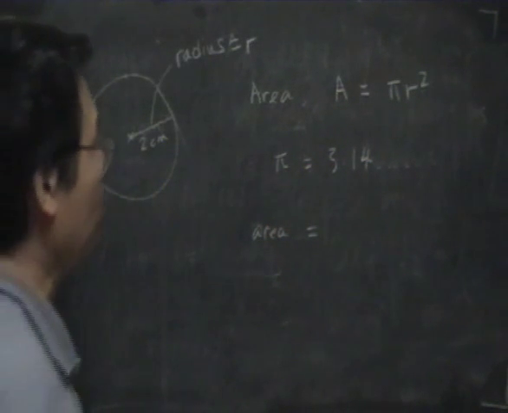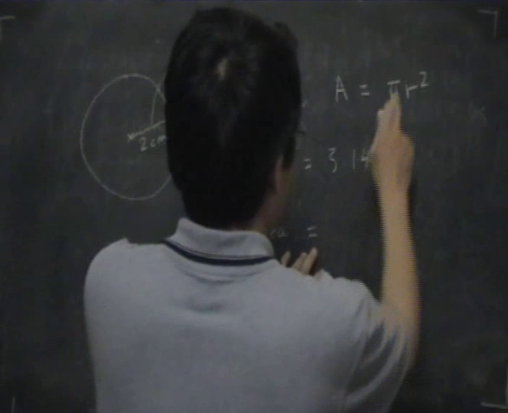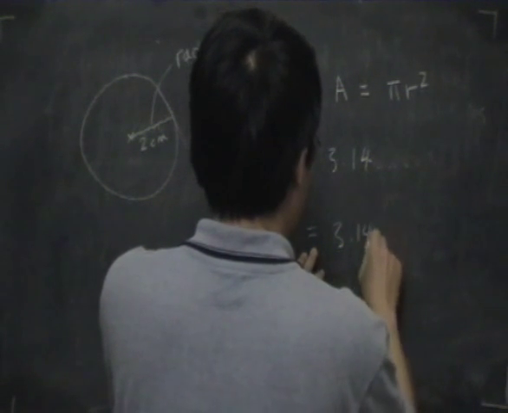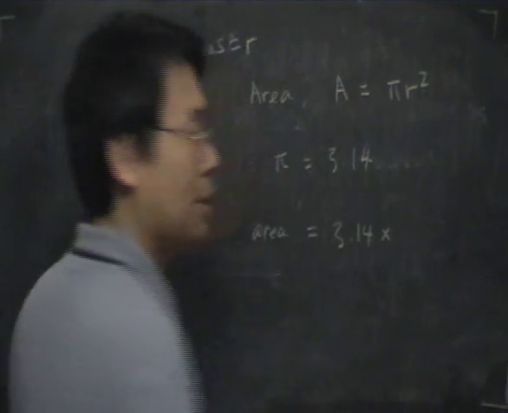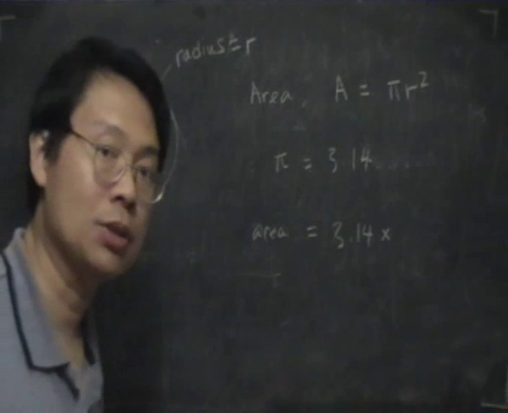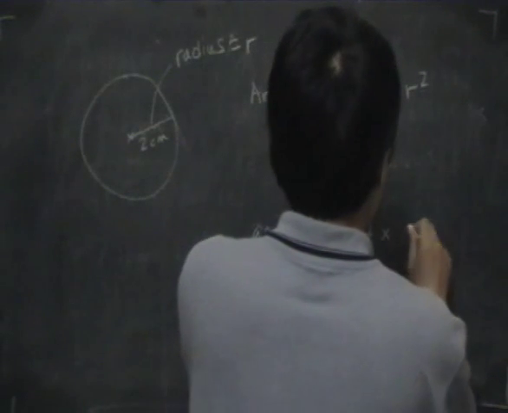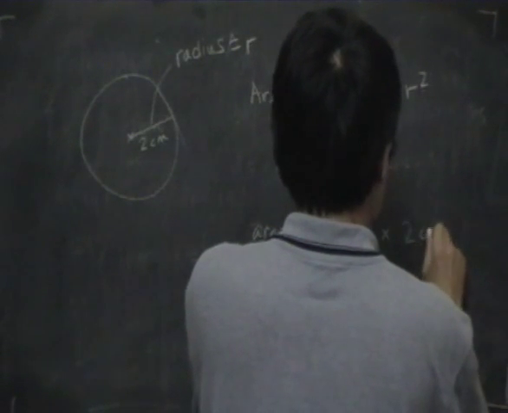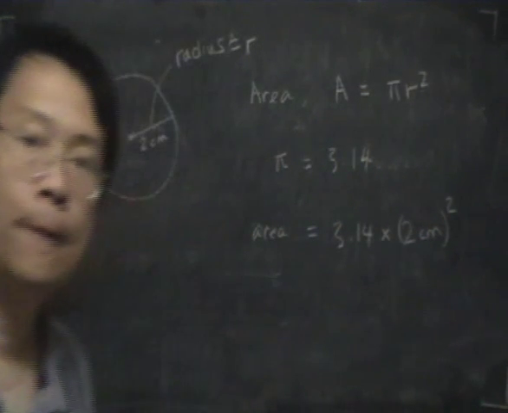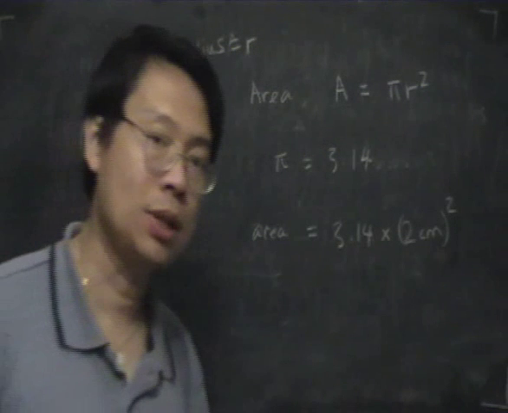Now pi r squared means that I should take pi, which is roughly 3.14, times r squared, and r is 2 centimeters, so that would be 2 centimeters squared. What is 2 centimeters squared?